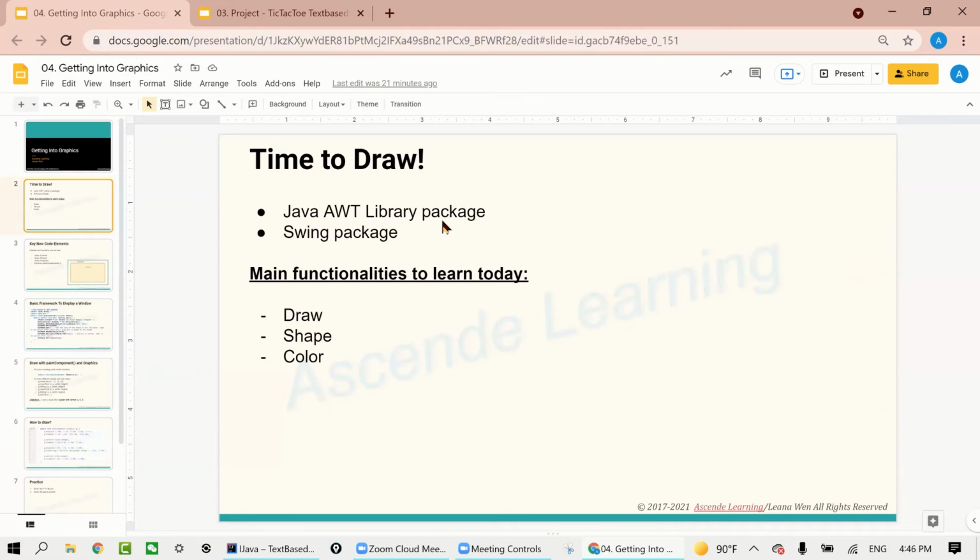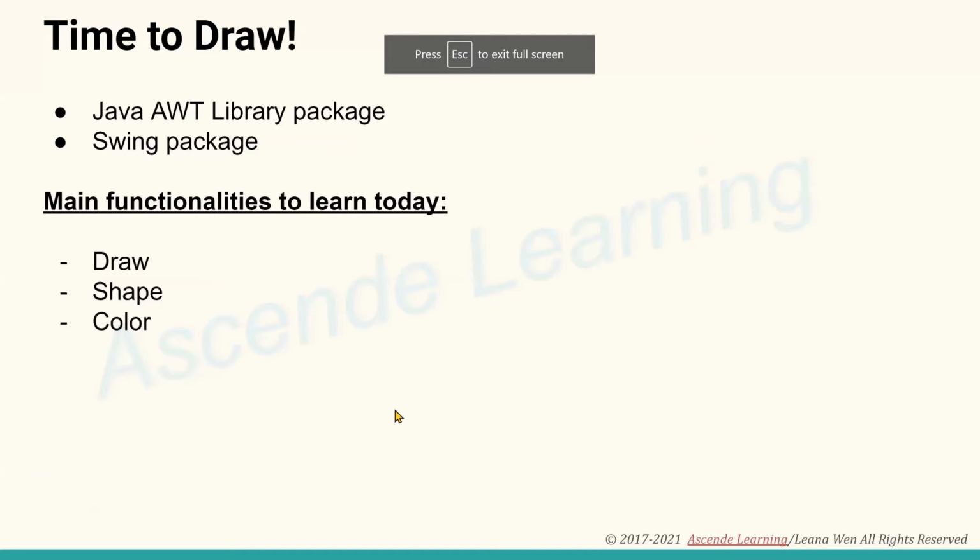Now, about graphics, I want to have a disclaimer first, because a couple of my previous students told other people that the intermediate Java class is a graphic game class. I want to have a disclaimer that it's not. We are learning graphics only so that we can write more interesting programs. Our ultimate goal is to help you get better and better at programming.